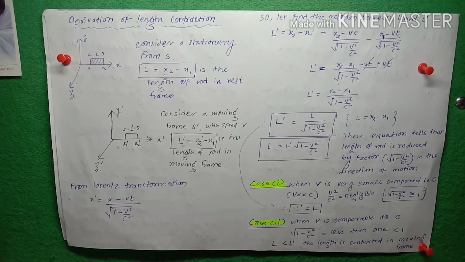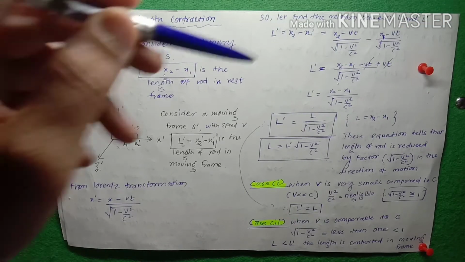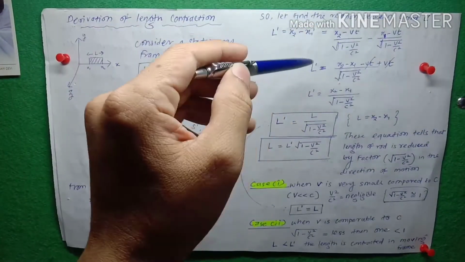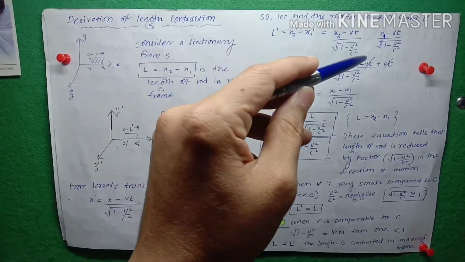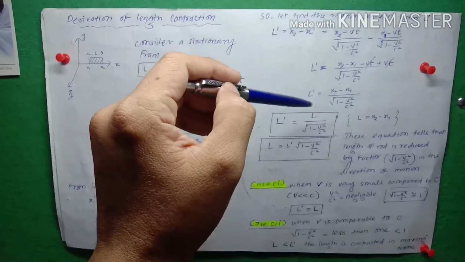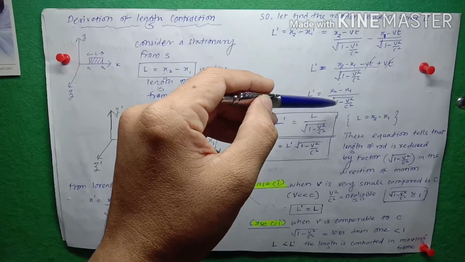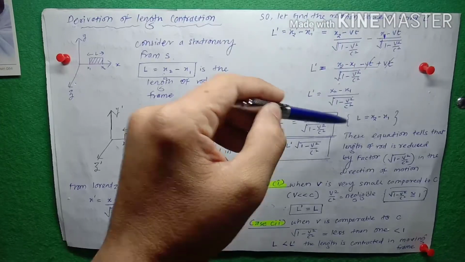Now it is correct. So x1 minus vt divided by root of 1 minus v square by c square. By taking the difference between them and solving the equation, we will get L dash is equal to x2 minus x1 divided by root of 1 minus v square by c square.